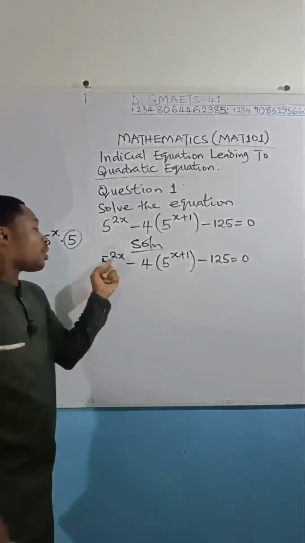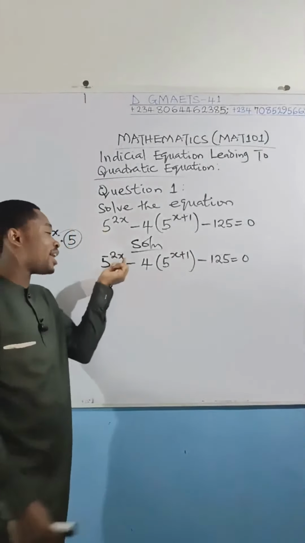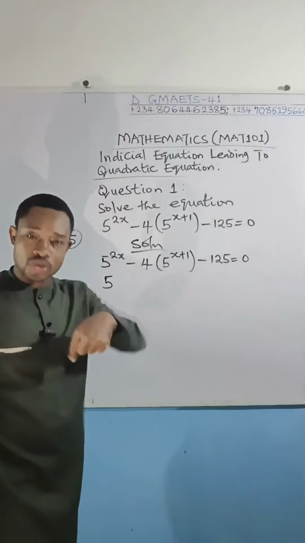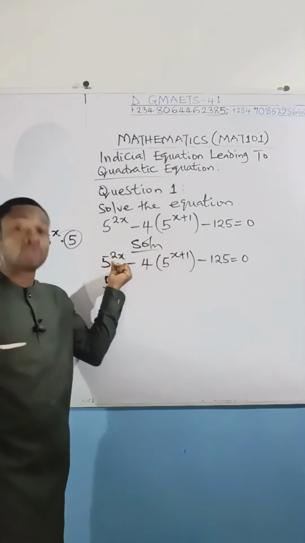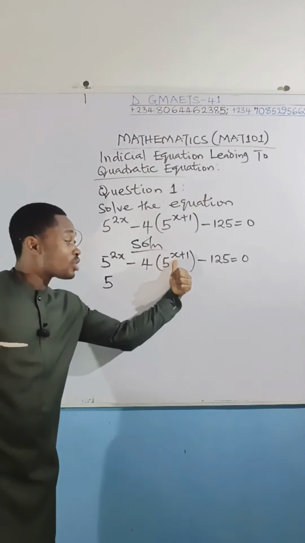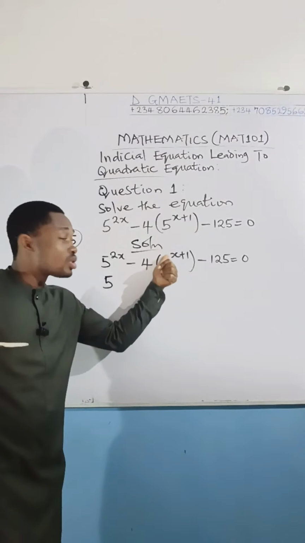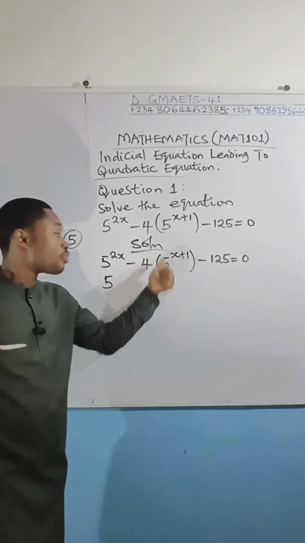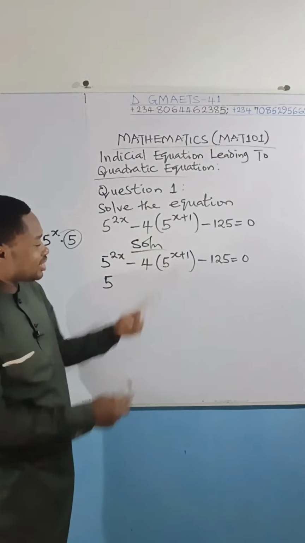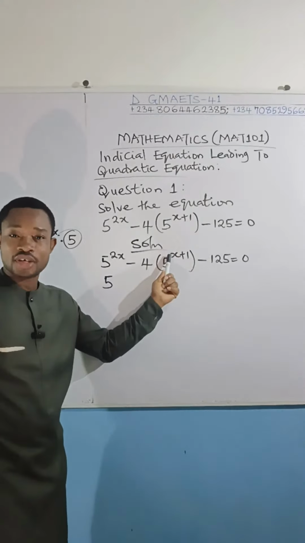We have power 2x here, and I told you that that 2 that is multiplying the unknown x is already an indicator to us that this is going to lead to quadratic equation, provided that this part that also contains the unknown x is not multiplied by 2. If you look at this x here, this x is multiplied by invisible 1 here.